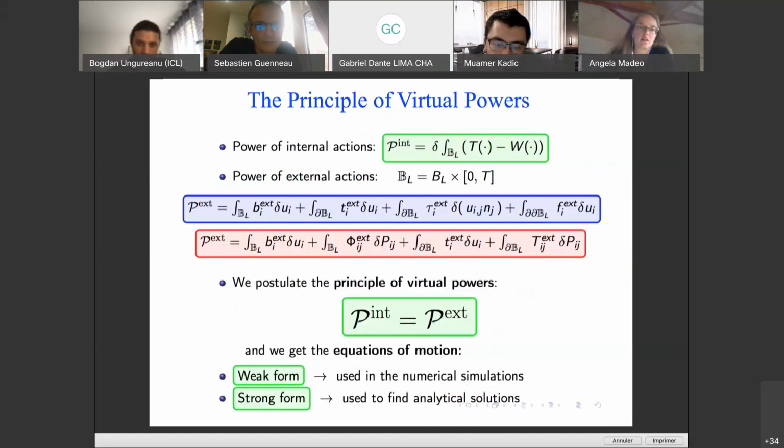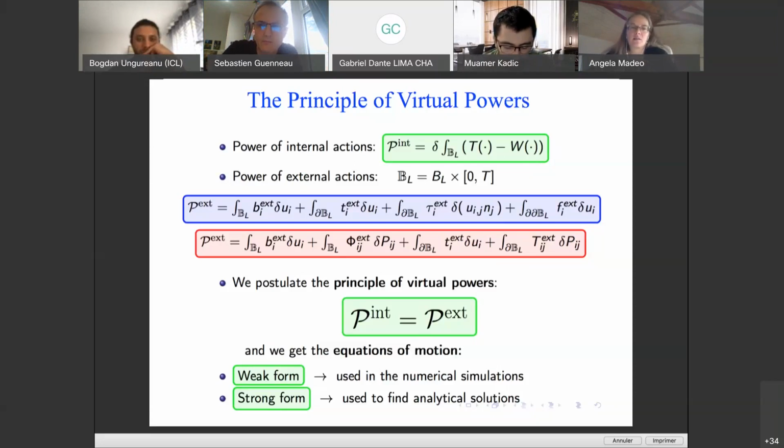The only thing is that for micromorphic continua, this is the red one, the external actions are a little bit generalized with respect to Cauchy settings, because we can act on our body not only with forces, in the bulk and on the boundary, but we can also act with the dual quantity to the tensor P, which means we introduce an action called the double force, both in the bulk and on the boundary.